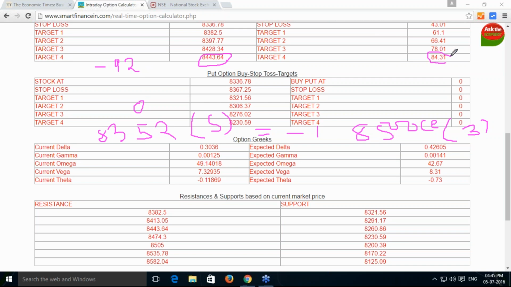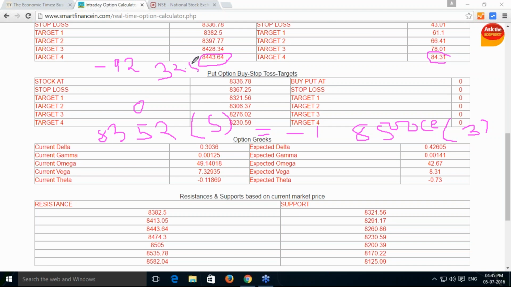I bought at 51.8 and it will be trading at 84.3, so I'll be making 32.5 per lot.